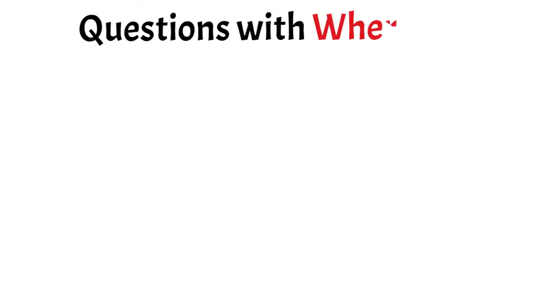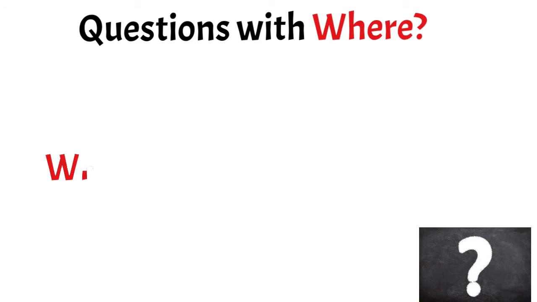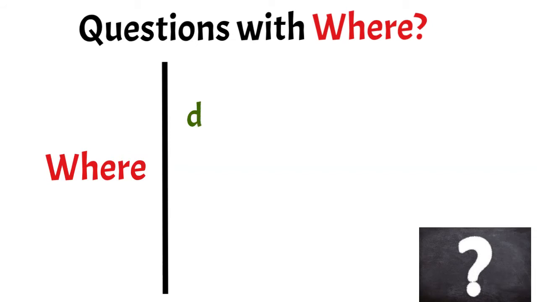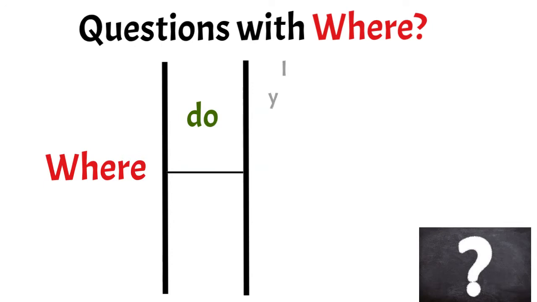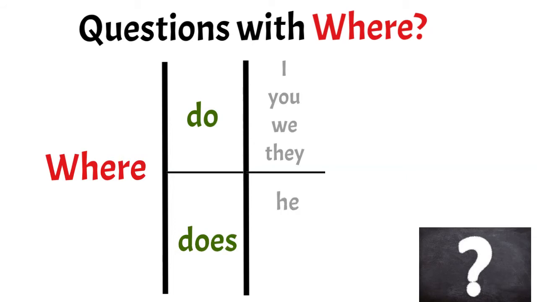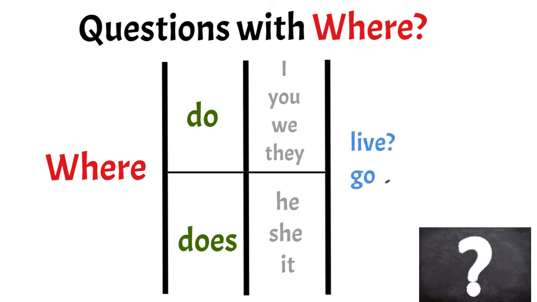Questions with where. Where plus the auxiliary do for the pronouns I, you, we, they, or the auxiliary does for the pronouns he, she, it, plus the simple form of the verb live, go, work, plus the complement.